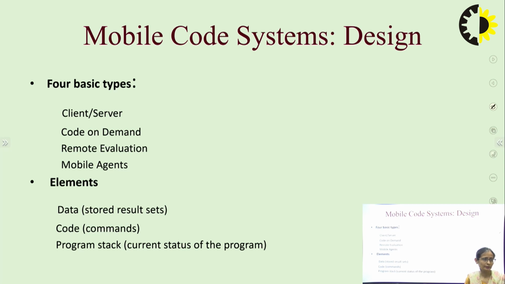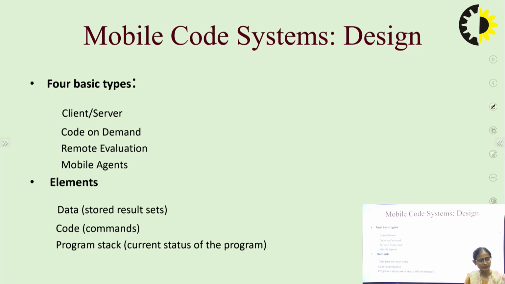Data says where we are storing the results, and these results can be the final result or the results generated during any computation, that is, the intermediary results. Then we have code, that is a set of commands which are being executed, and program stack.